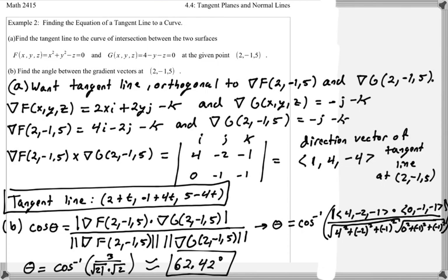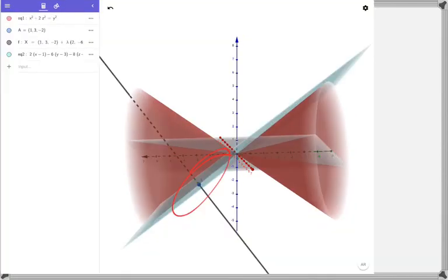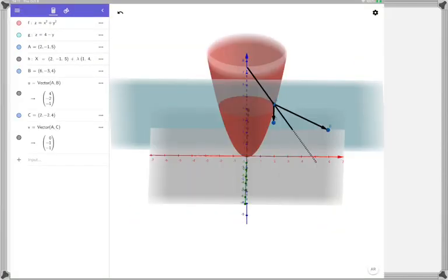Okay, and I went ahead and put this into GeoGebra on the last slide here so we can take a look at it. Okay, so you have your z equals x squared plus y squared, so it's going to be your elliptic paraboloid. z equals 4 minus y, that's your plane.